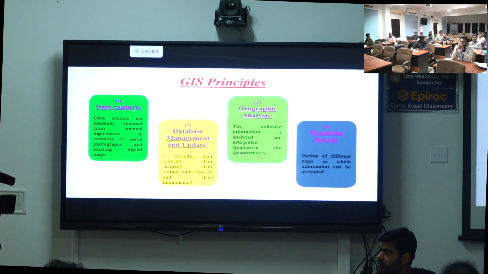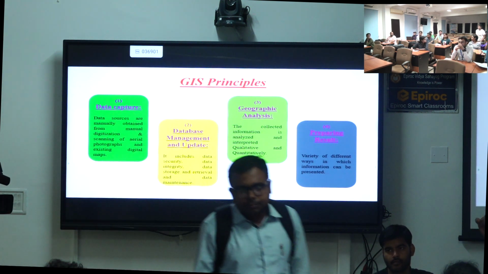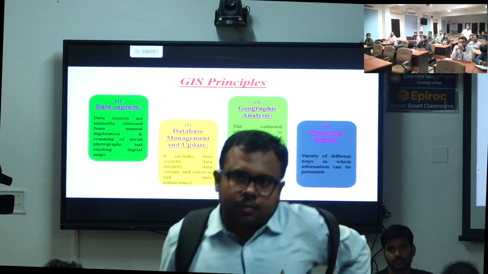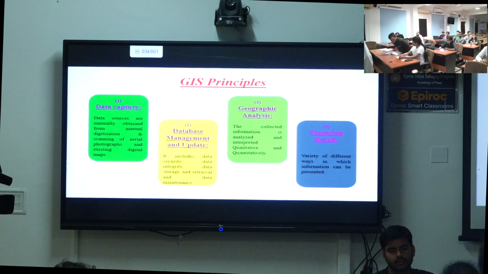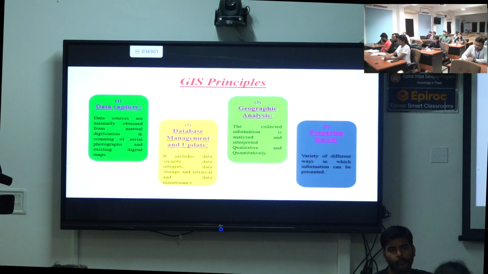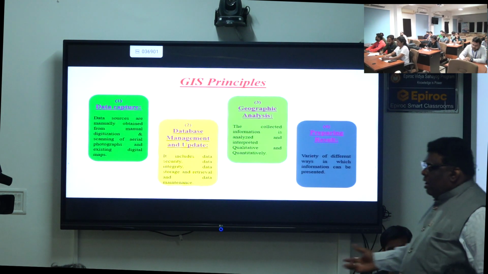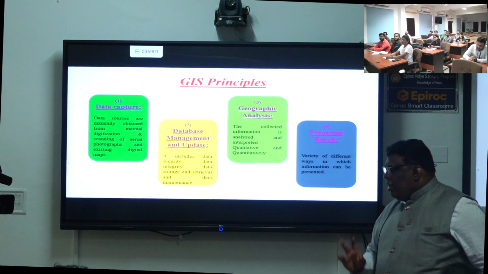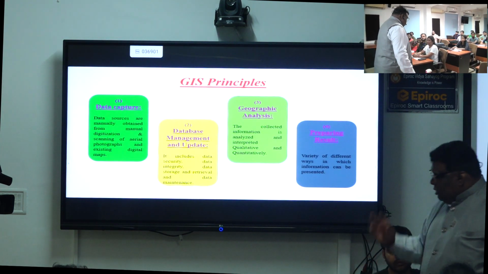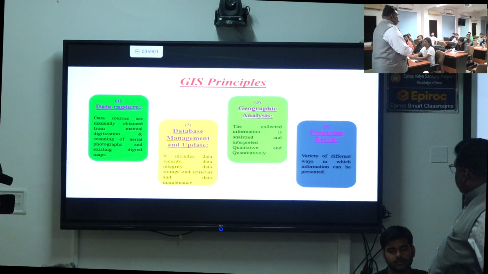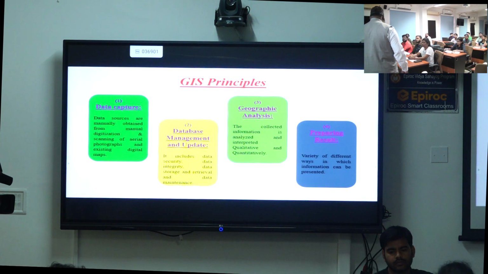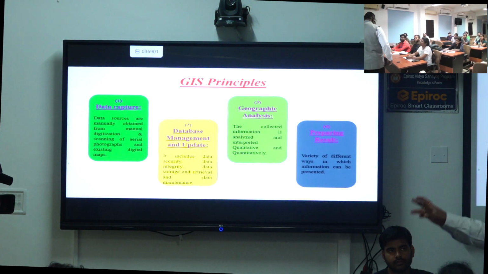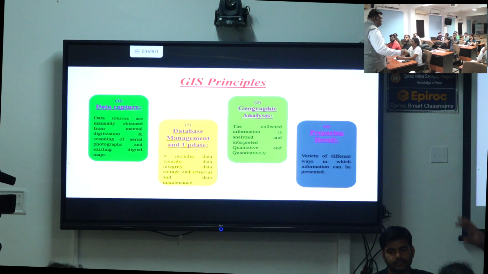The data is there, so you can retrieve the data, you can display the data, you can store, and whenever you are going to use, you can analyze the data. And geographical analysis, whether it is quantitative or qualitative, depending on your requirement. Then last, how you are going to display the results. That is very important. The same data, after the results, you can display in a variety of fashions.